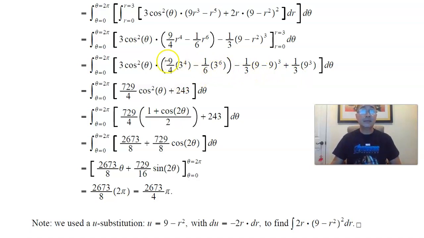So arithmetic, this becomes, and there's a times 3 there, which I forgot the first time I was writing this. And we get 729 over 4. It's very easy to lose the constants. And this becomes 243.